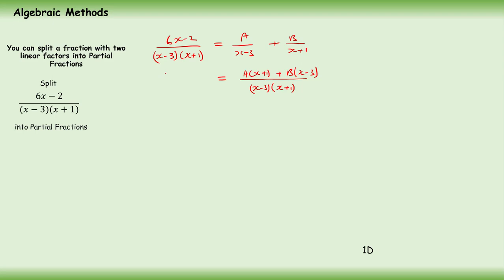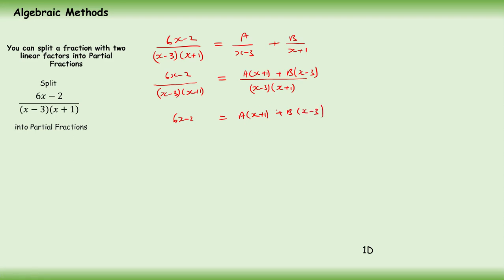That's equivalent to what we have on the left hand side, 6x minus 2 divided by (x minus 3)(x plus 1). Now our denominators on both sides are the same, so they'll cancel each other out. So we can make it easier for ourselves if we just write 6x minus 2 is equal to A(x plus 1) plus B(x minus 3).